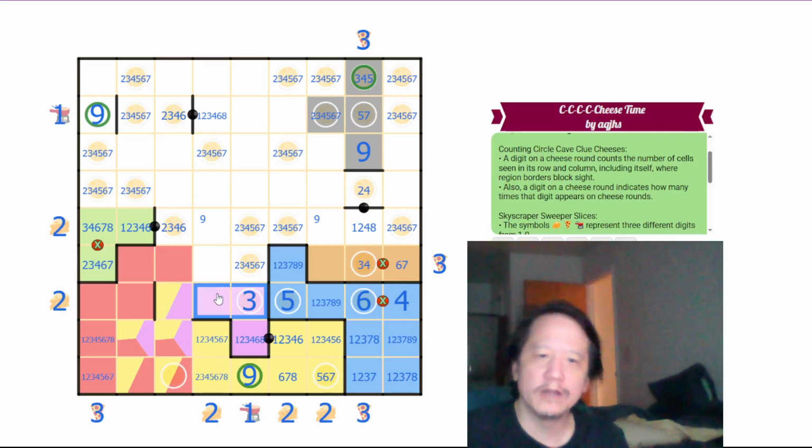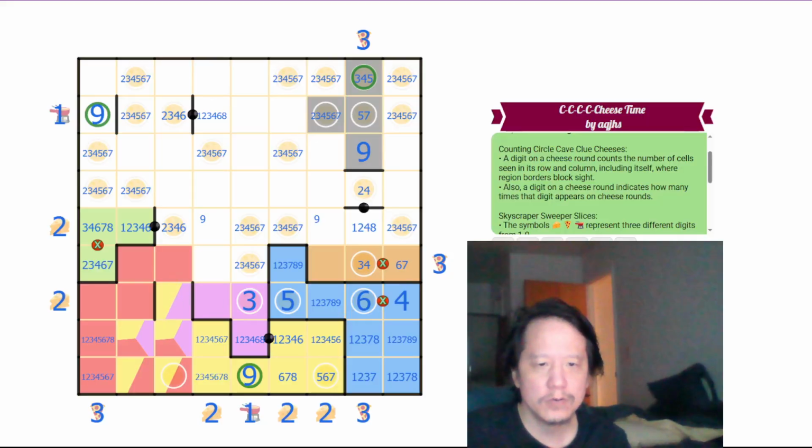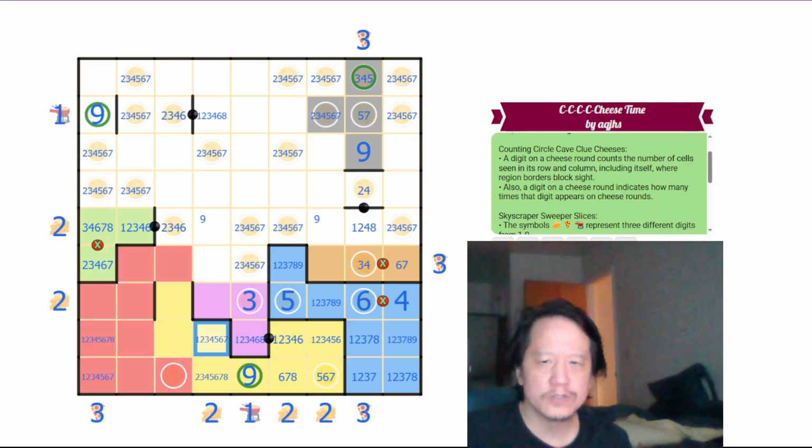How would that work? This would then be boundary here. This would then have to be yellow. So this would be yellow, which means this would have to be yellow here to connect. These could not be yellow or pink. So this would be boundary this way.